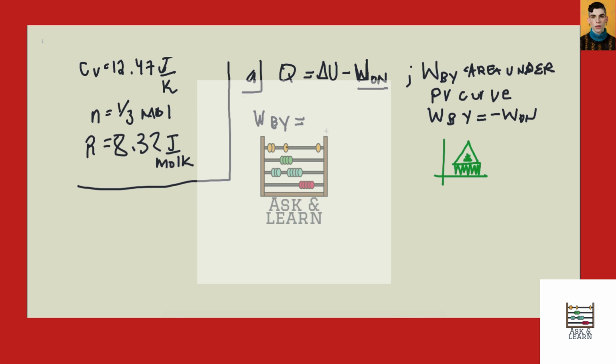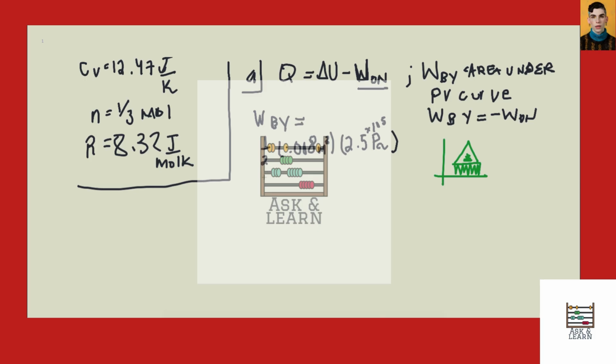Just reading off the graph and using the formula, triangle area is half base times height. It's going to be 1/2 times 0.008 meter cubed, because the base goes from 0.01 to 0.002. So the difference is 0.008, and the height is approximately 2.5 times 10 to the 5 pascals.